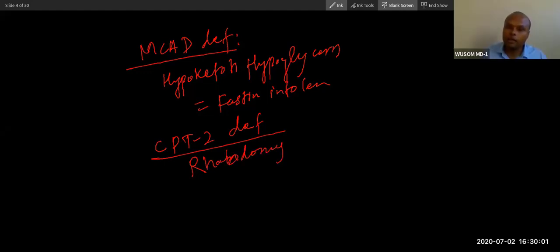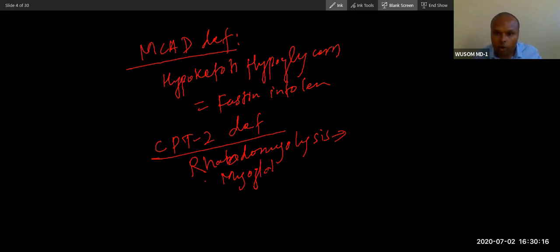Rhabdomyolysis means lysis or damage to skeletal muscle. This leads to myoglobinuria, because myoglobin is present in muscle. It stores oxygen for the muscle. This happens when you do exercise, and this is called exercise intolerance.